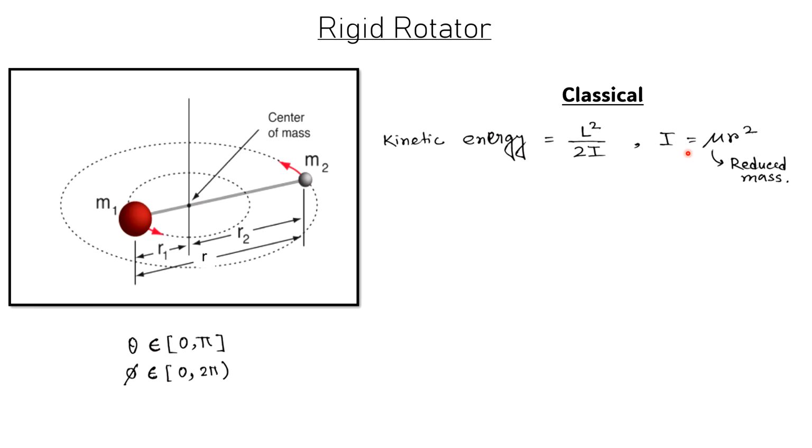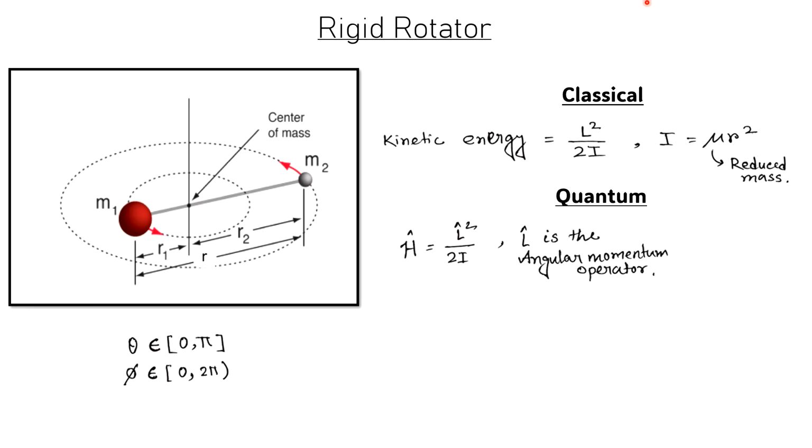Now, if we come to the quantum description, the energy operator, the Hamiltonian, is nothing but L square by 2I, if we take it as a free body with no potential.